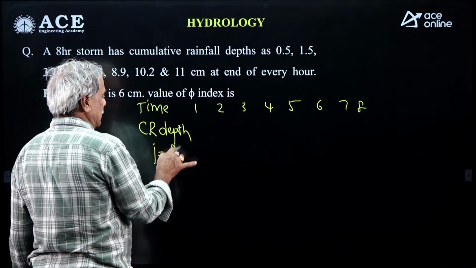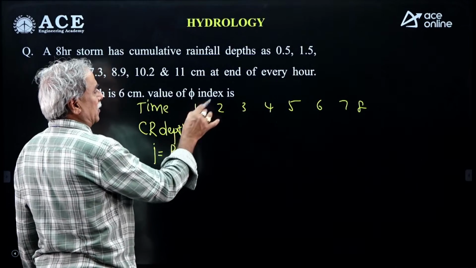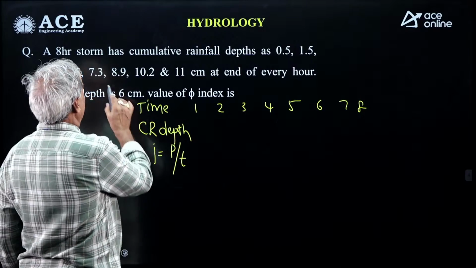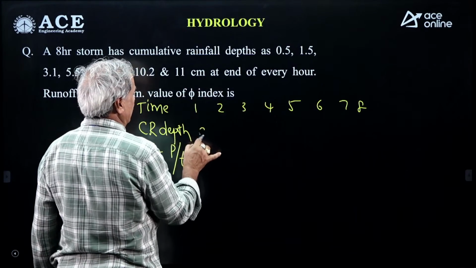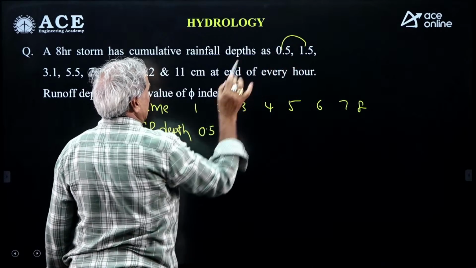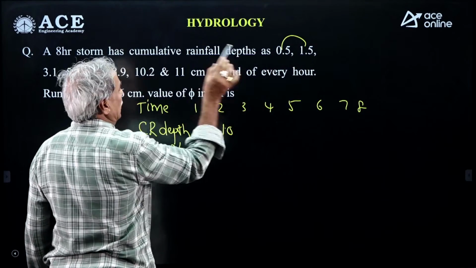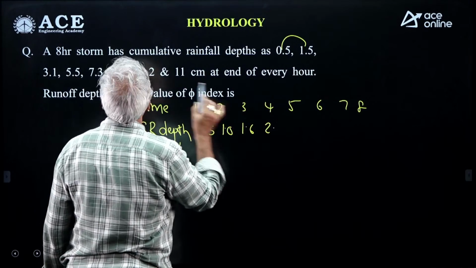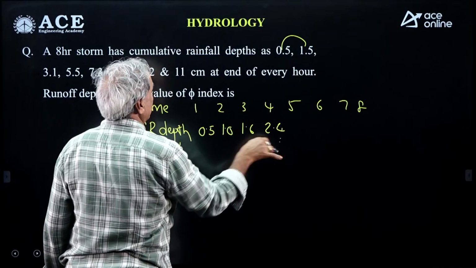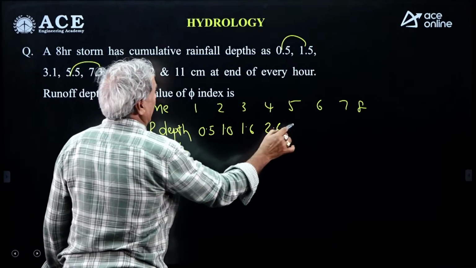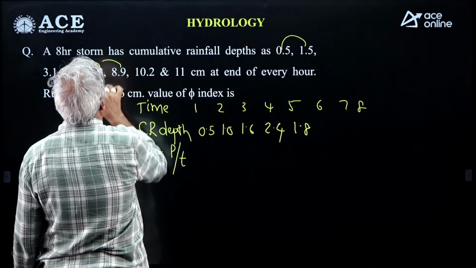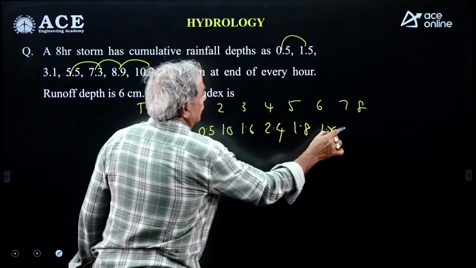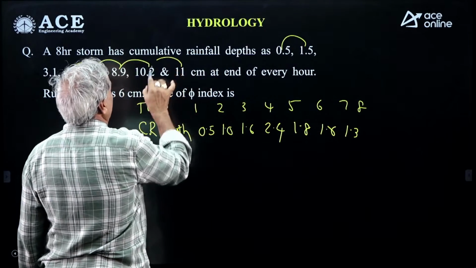Intensity of rainfall is precipitation by time. Because the time interval is 1 hour, individual depths of rainfall will become intensity of rainfall. First hour 0.5, second hour difference of these two, third hour 3.1 minus 1.5, fourth hour 5.5 minus 3.1, fifth hour 1.8, sixth hour 1.6, seventh hour 1.3, eighth hour 0.8.